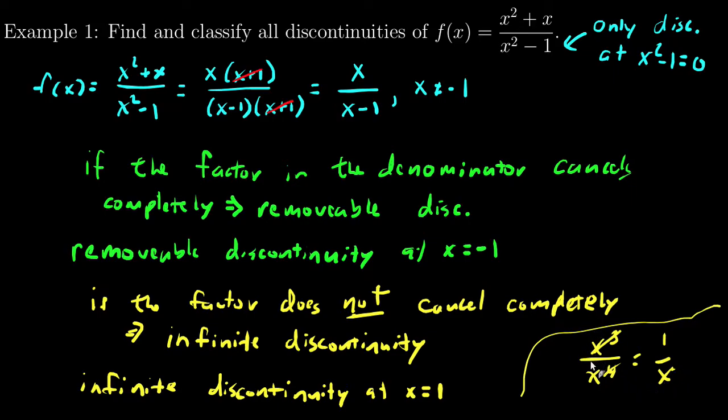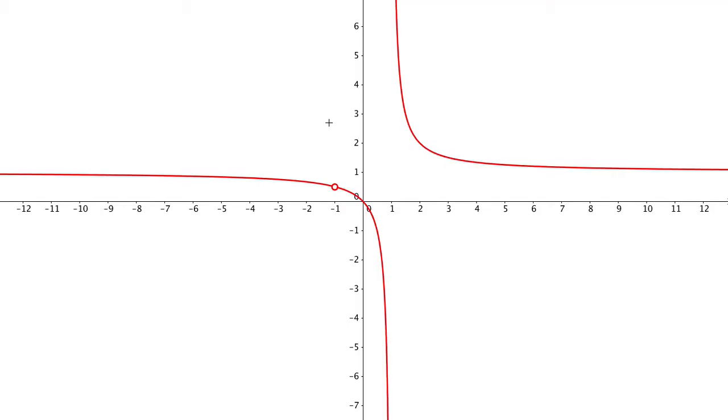The idea is, as I divide some number by an exceedingly small number, that division will give me a very large number. It goes off to infinity. And we can see on the graph right here that yes, we do in fact have a removable discontinuity, a hole here when x is negative 1, and an infinite discontinuity here when x equals positive 1.